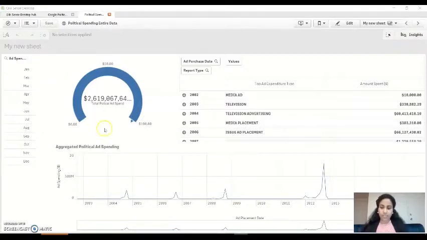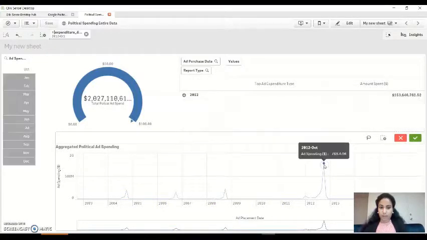Now let's take a look at the total political ad spend by all of the PACs. Here is the total amount. We see that $2.6 billion was spent. We can filter this down by the months. On the bottom here we have the aggregated political ad spending by year and month. We see that there are a few spikes within the data.